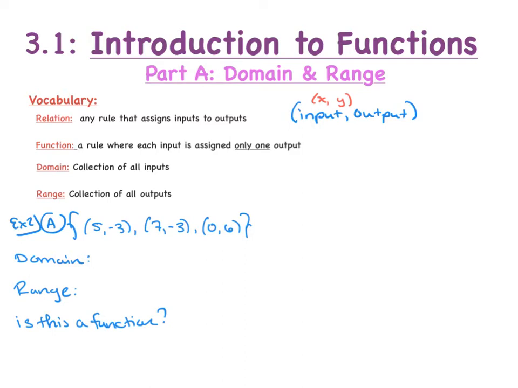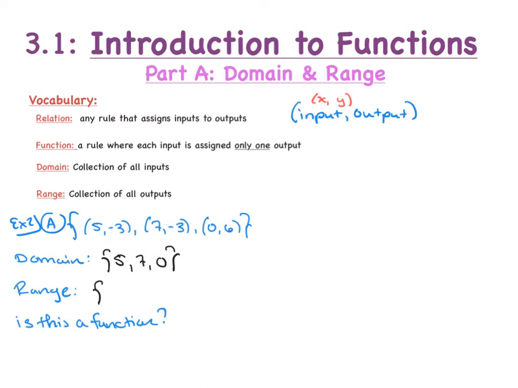Okay, the domain is, remember, just the collection of all of the inputs, and we put the inputs in the first position. So this domain will be the collection of the numbers 5, 7, and 0, and since it's just a list, any order you like. Okay, the range is the collection of all of the outputs in any order.